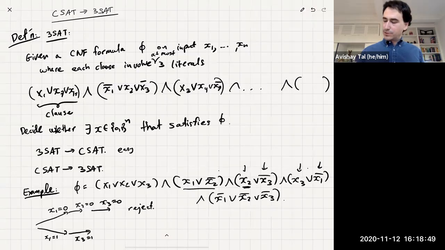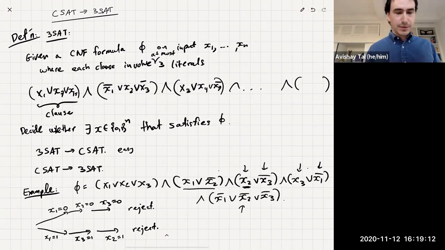So this means that we have to satisfy x2. But then we got 1, 1, 1, and this does not satisfy the last clause. So we reject in this case as well. So we sort of argue that there's no way that we could make this entire thing satisfiable, right? By going over more or less all possibilities.